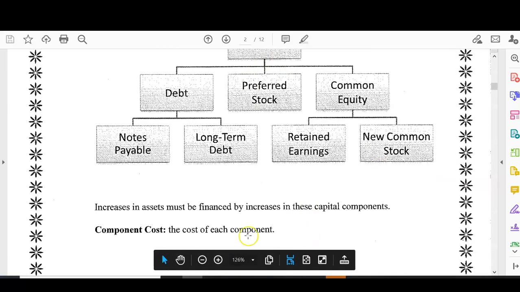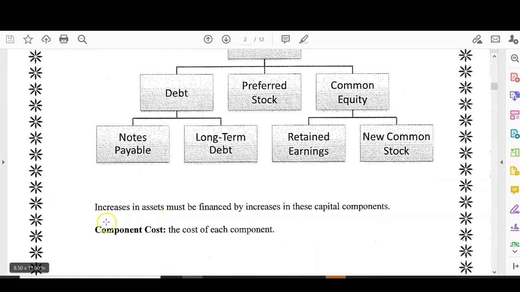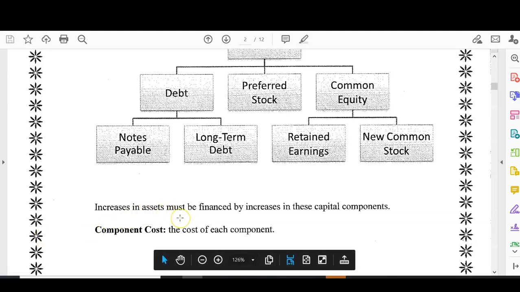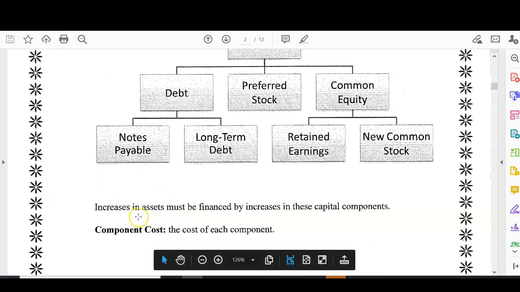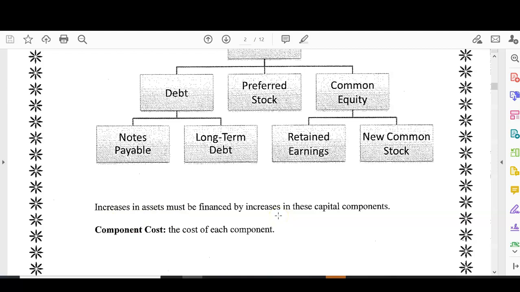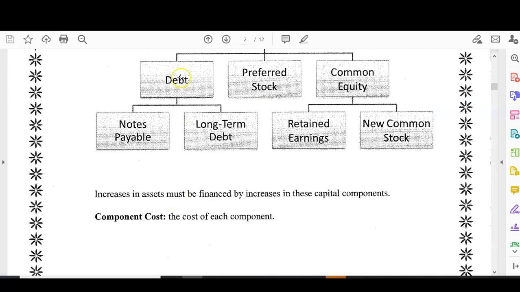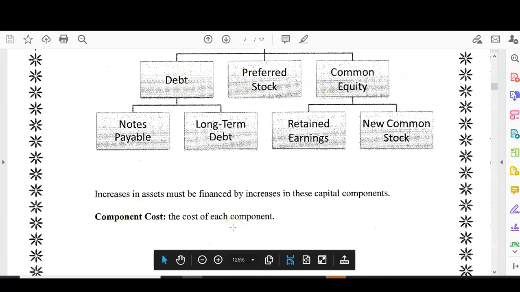You know the accounting equation: assets equal debt plus equity, or debt plus shareholder value. On the left-hand side, any increase in assets must be financed by something on the right-hand side of the equation, either debt or stock or equity. And we say the cost for each is the capital component cost.